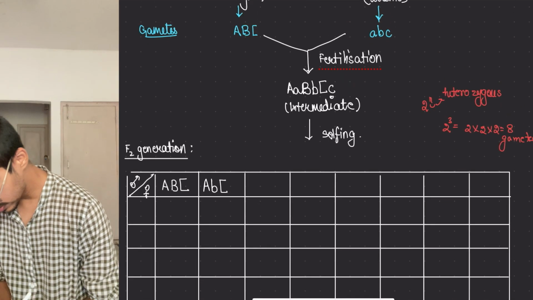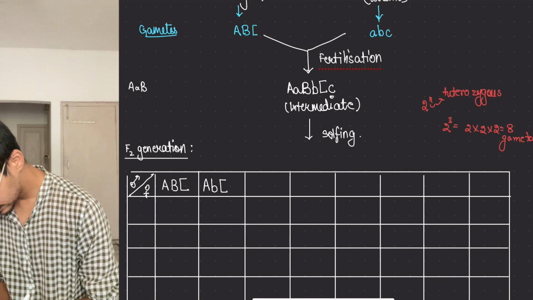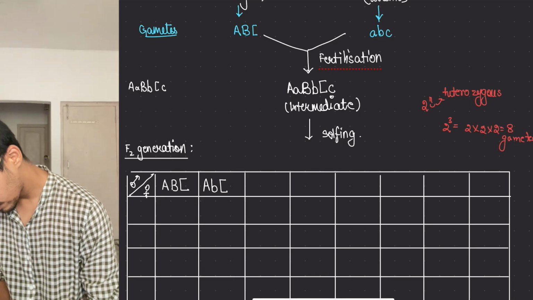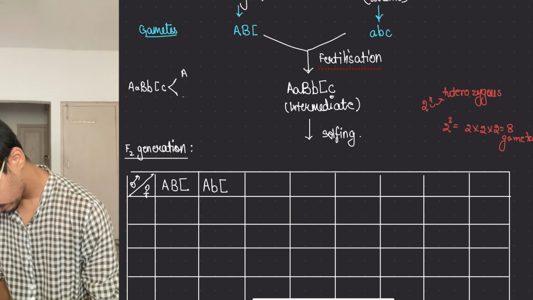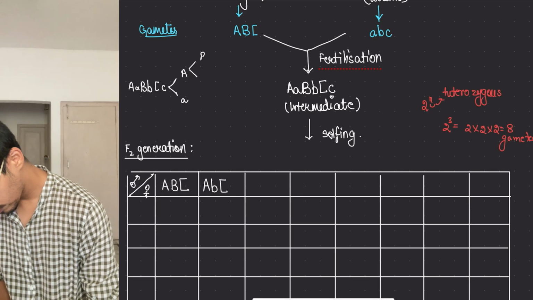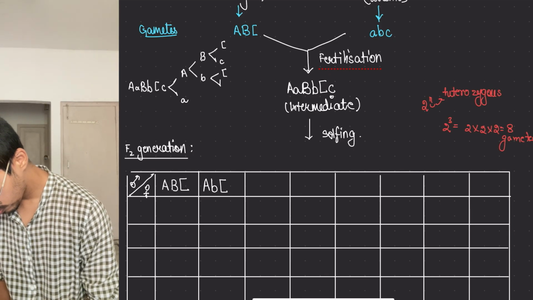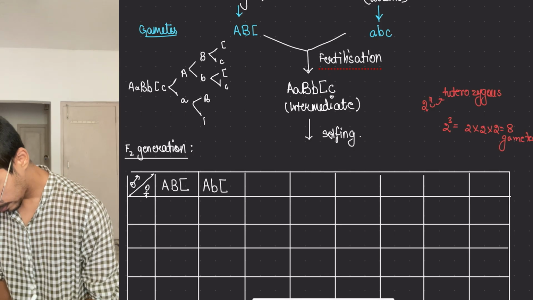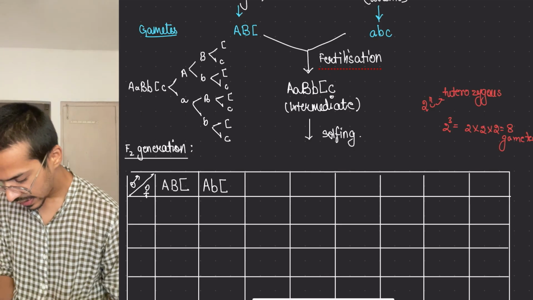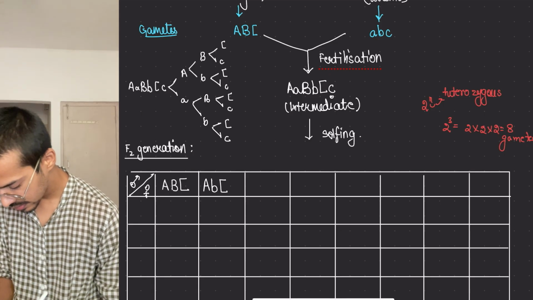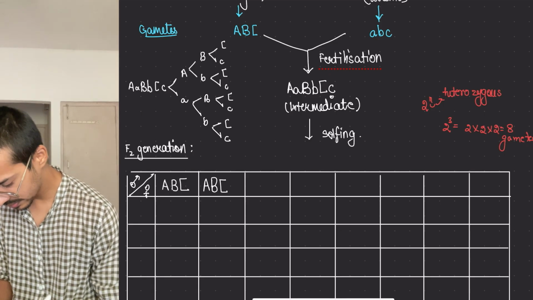I also make it over here. So A, B, capital C, A, B, small c.